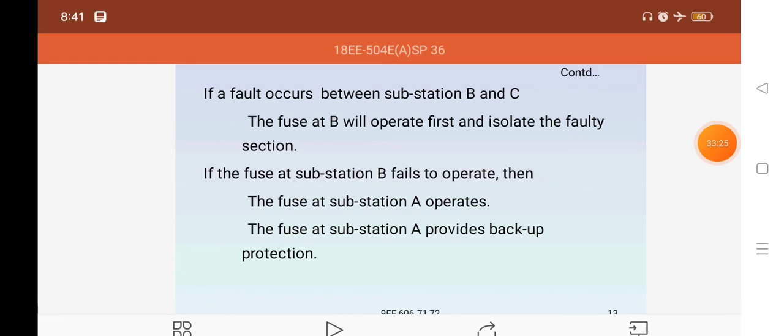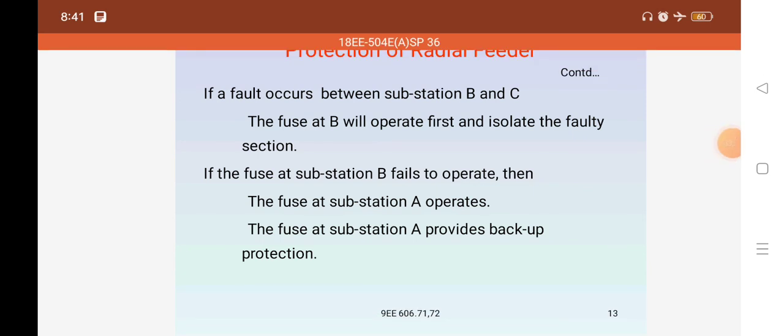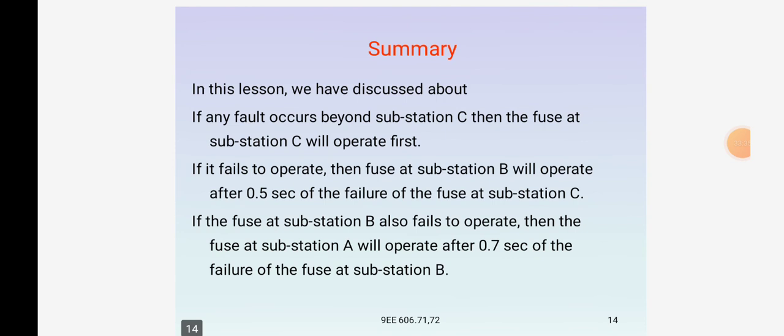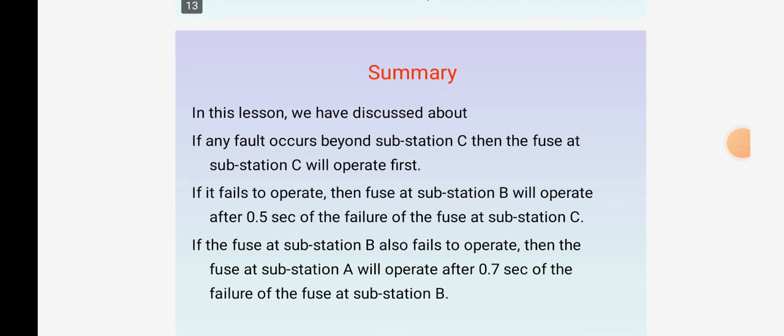Now we watched one YouTube lecture about protection of radial feeders by time graded overcurrent protective relays. In summary, in this lesson we have discussed that if any fault occurs beyond substation C, then the fuse at substation C will operate first.